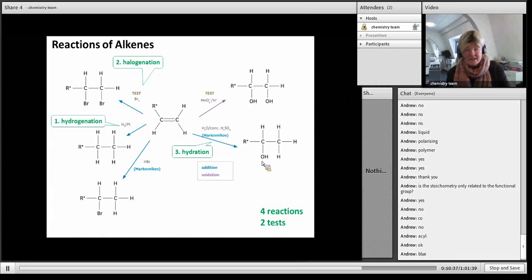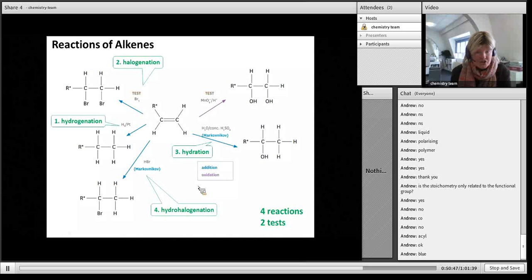And then the final one is hydrohalogenation. So adding HBr or HCl or HI. So I'm adding an H and a halogen. So you can try saying that fast 10 times. Hydrogenation, halogenation, hydration, hydrohalogenation. See if you get tongue-tied or not.